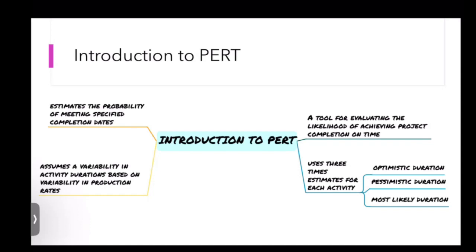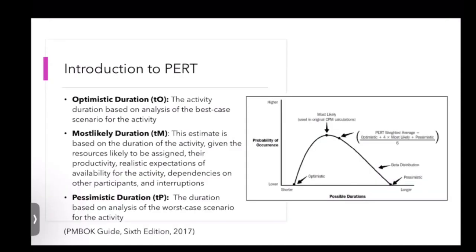So in PERT, 3-time estimates are used for each activity, which are optimistic duration, pessimistic duration, and most likely duration. Optimistic duration is an estimate which presumes that everything involved in the performance of the work goes well.